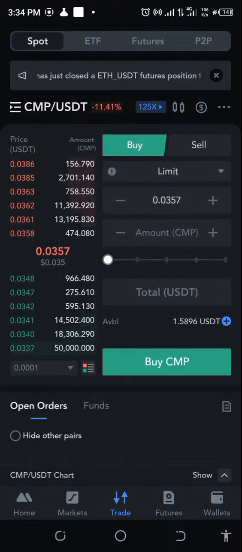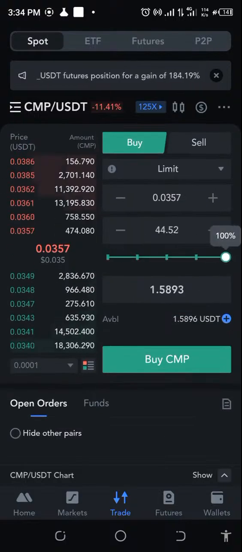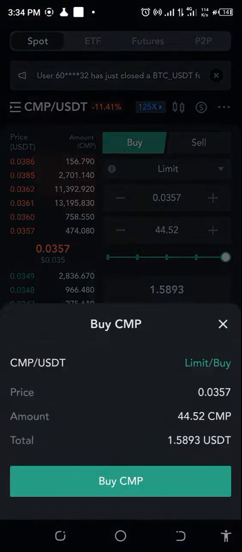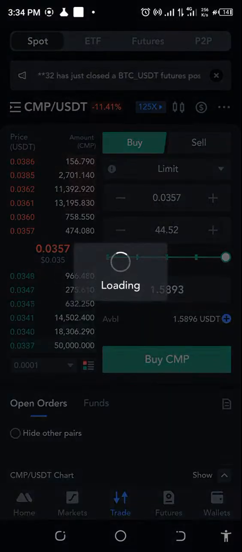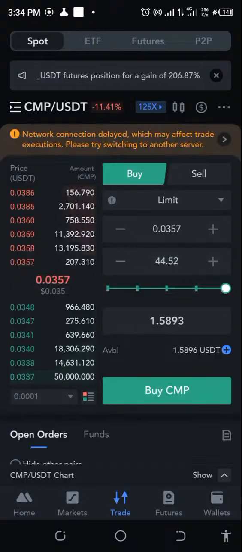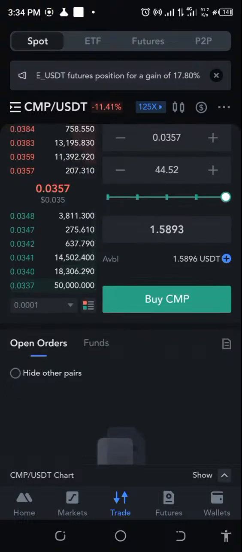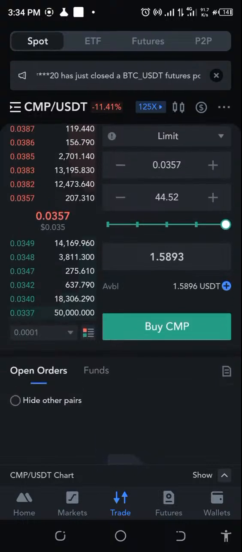Well, the thing is, with this, we're not even so sure of how much we are going to make. So let's go ahead and see whether we can still get it sold. Oh, does not meet the minimum. That is not funny. Okay, if that is not meeting the minimum, what are we going to do? Well, it's not meeting the minimum because the minimum here is 5.